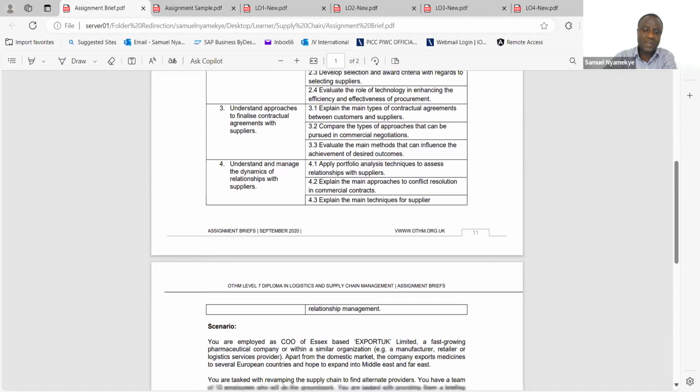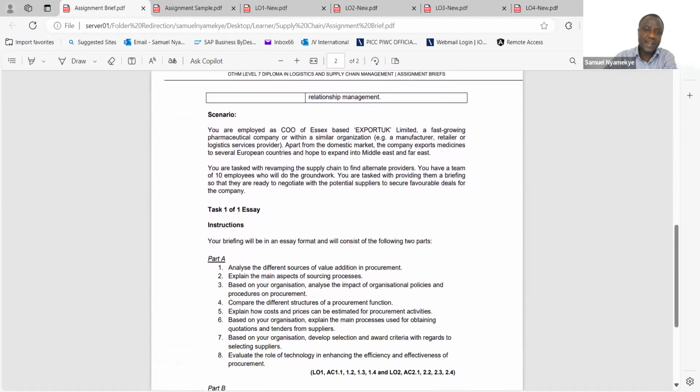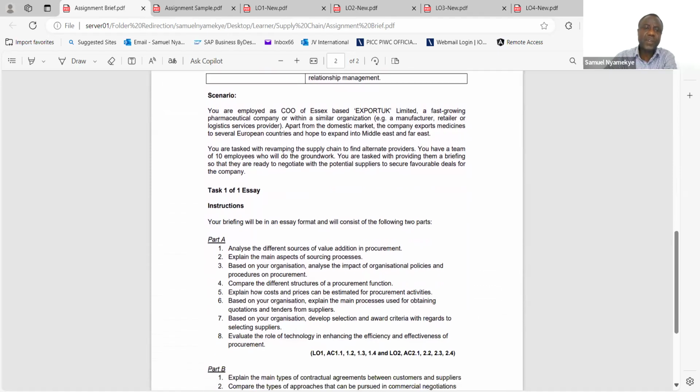Based on this, we've been given the assignment, a scenario which says that you are employed as the Chief Operating Officer of Essex-based Export UK Limited, which is a fast-growing pharmaceutical company, or any organization that is similar to this, either manufacturing, retailing, or logistics service provider.